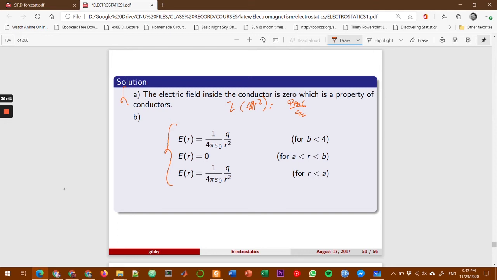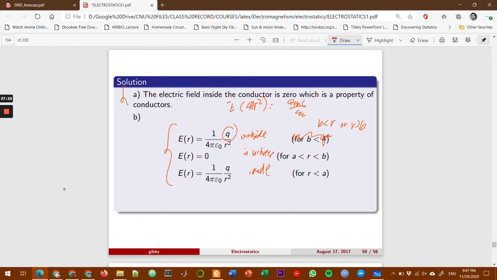For this, this is R greater than B. This is outside, in between, and then inside. So your Q enclosed is Q still, right?